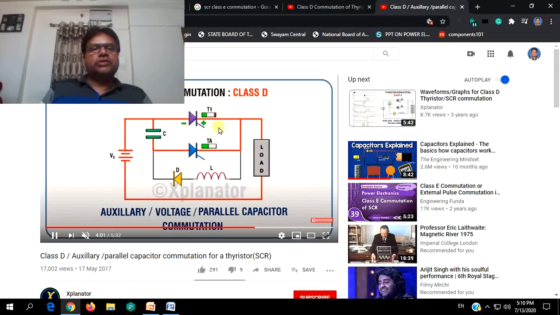So because of this commutating current opposing the main SCR anode current, the SCR will be turned off, and the current continues to flow via the auxiliary SCR through the load, which is the starting condition.